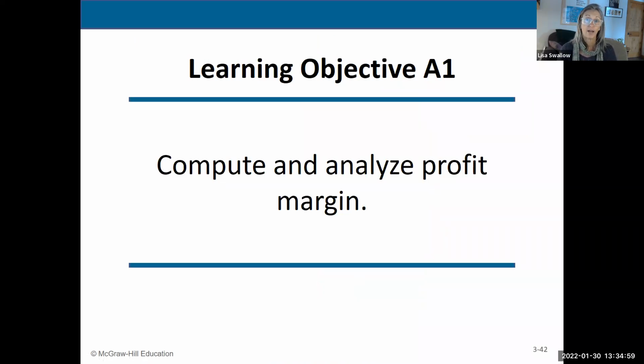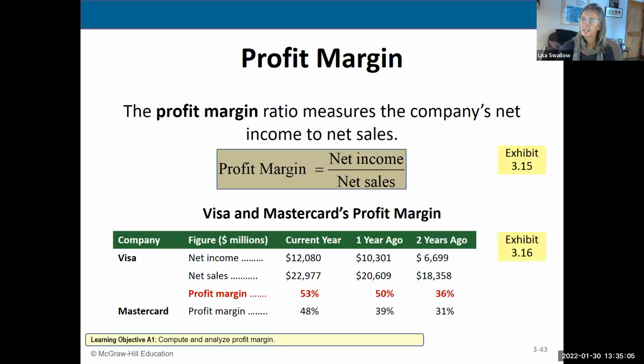And then for this chapter, the ratio we're going to learn is something called profit margin. Profit margin lets us know how well we're doing income-wise compared to our sales. And the calculation is net income divided by net sales. So it's pretty easy. We can just get it all right off of our profit and loss, right?